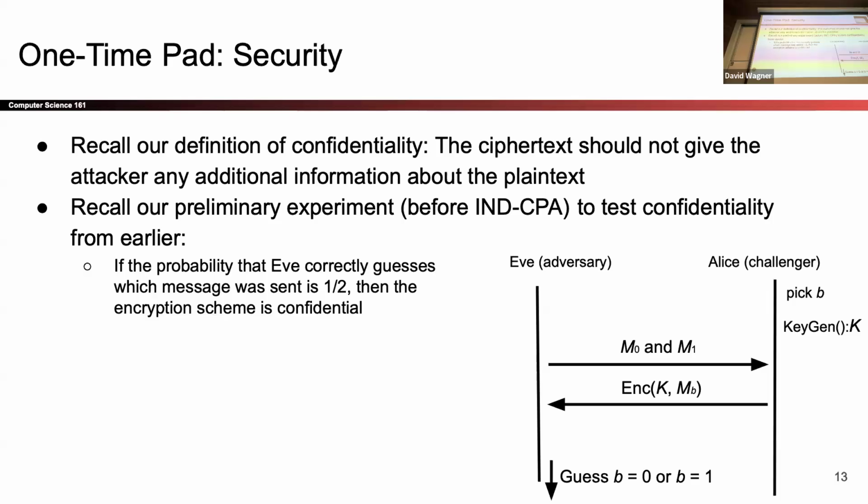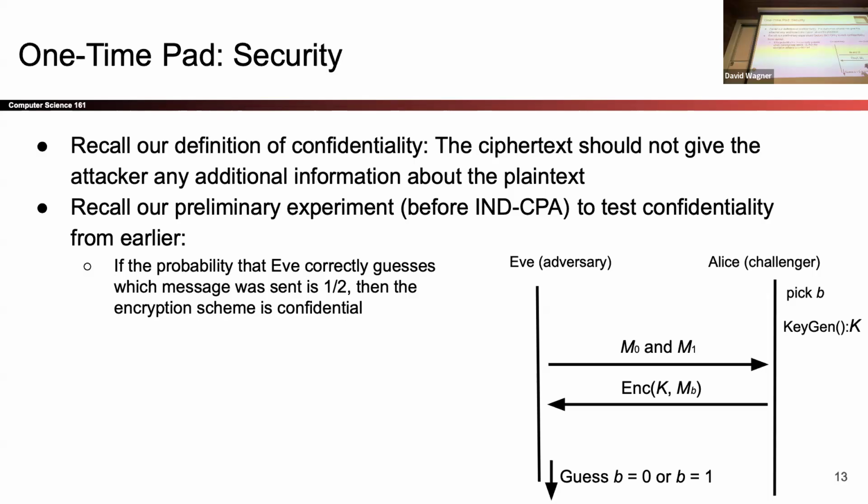Okay. What are the chances that Alice encrypted the 0 message? 50-50. Why 50-50? The keys are equally likely. So one key will give you a 0 and one key will give you a 1.